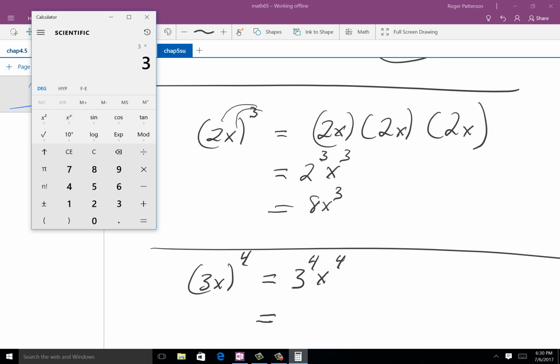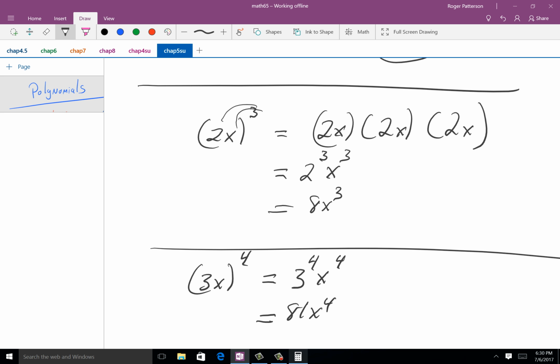3 to the 4th. Now if you don't know how to find the to the key, it's either going to look like this. So you're either going to have a calculator that's going to have this button, or a calculator that's going to have this button. You might have a calculator that's going to have this button. All right, it kind of depends on what you got.